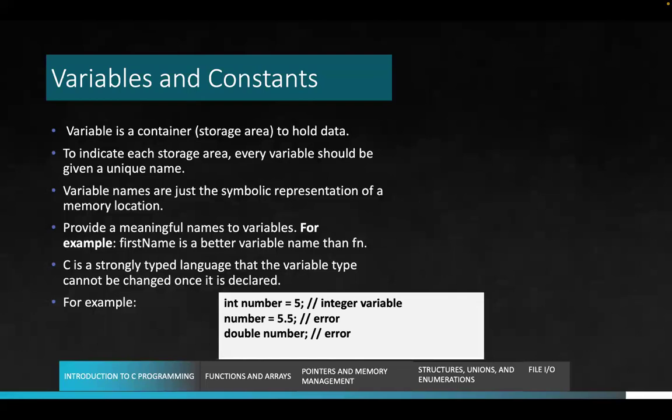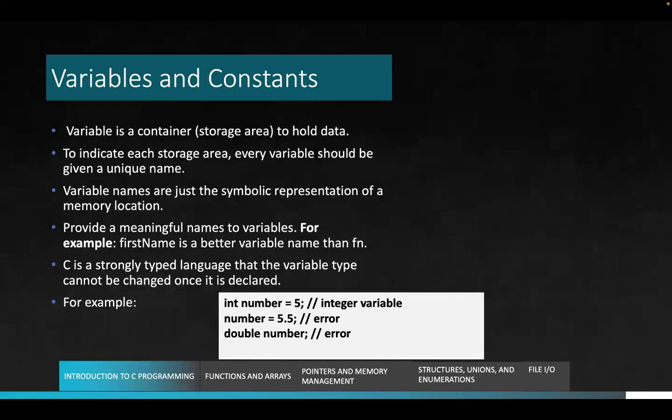Let's say today you bought a banana, and tomorrow you buy an egg, and he will give the same cover. Banana is a different item, egg is a different item, but the cover is the same. Here the cover is nothing but a variable.